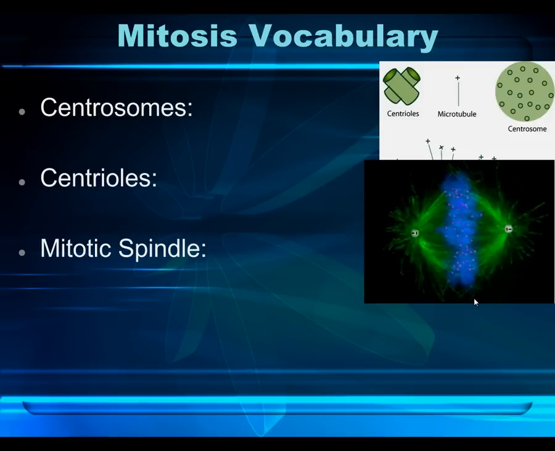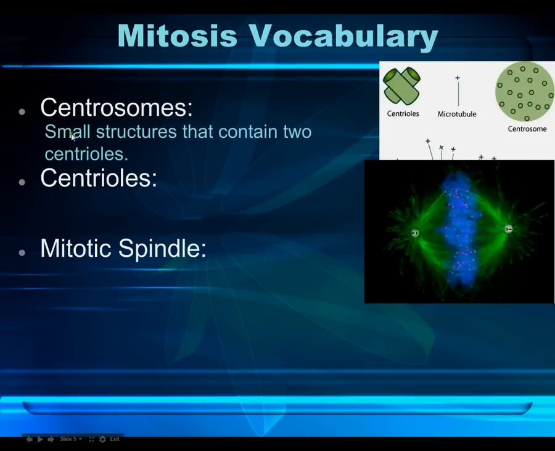So now that the overview is done, let's get down to business. Before mitosis can occur, there are several things that happen in the cell. One is the centrosomes, the centrioles, and the mitotic spindle. Centrosomes, which you can see here, imagine like a golf ball with lots of little holes in it.